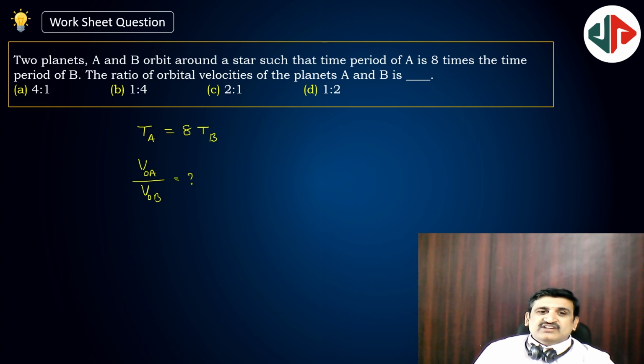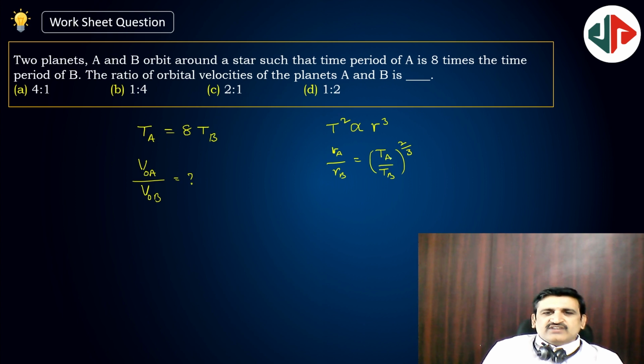For that, first of all, let us find out the radii of their orbits. We have T square proportional to r cube. I can write for two bodies like this: RA by RB is equal to TA by TB whole to the power of 2 by 3, first squaring and then taking cube root.